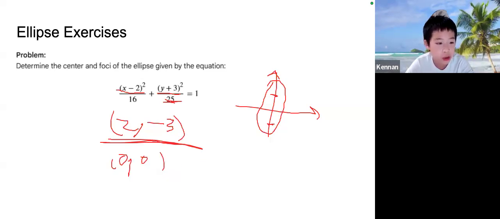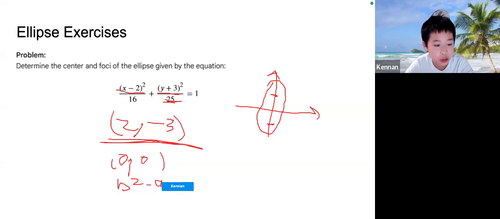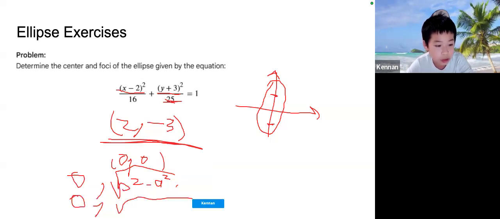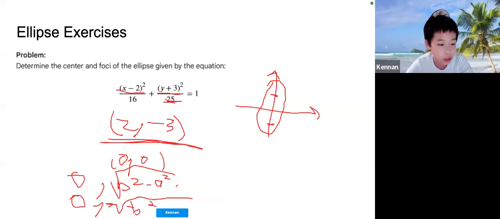First of all, we remember the equation for the foci if b is greater than a: 0, the square root of b squared minus a squared, and 0, negative the square root of b squared minus a squared.